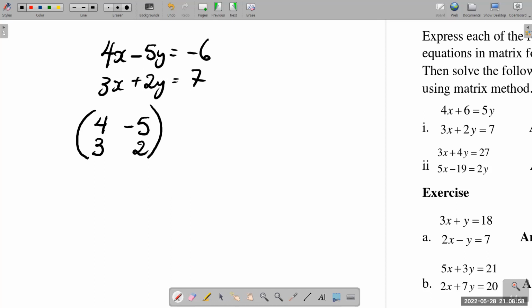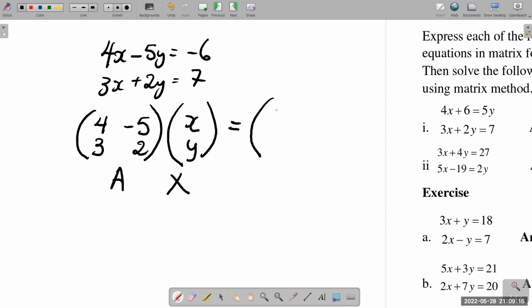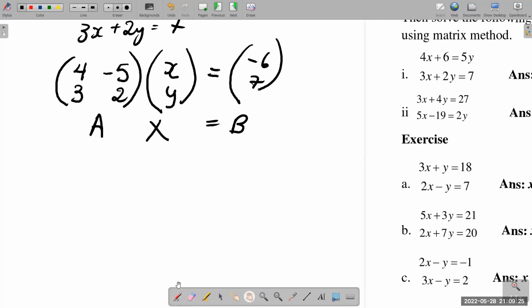So the coefficients go in one bracket. We're going to call that A. Who you think gonna go in the second bracket? The variables. What are our variables? X and Y. And we're going to call that X. And then we're going to say equal to. And what you think is going to be equal to? -6 and 7. And we're going to call that B. Everybody remember we were seeing that before? That same equation. AX equal to B. Talk to me.